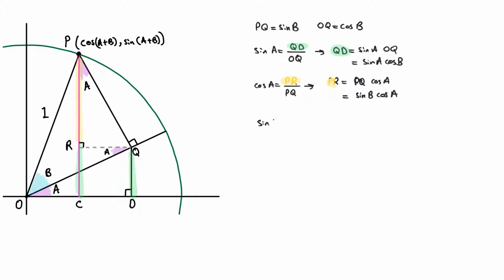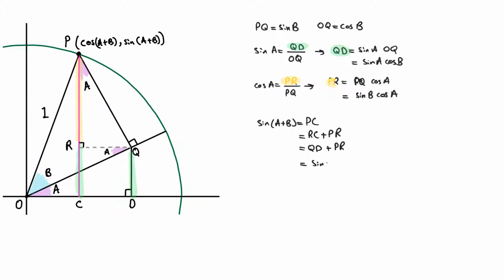Now, sine of A plus B is equal to these two lengths added, so I can write this as PC. We know that PC is equal to RC plus PR, and RC is the same as QD in terms of length. So we can write that, and we know what QD is.